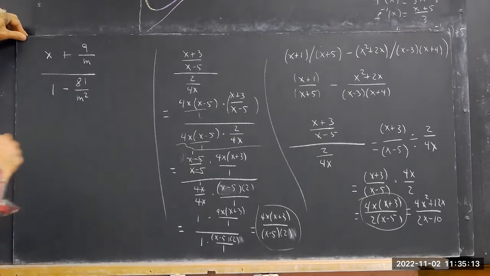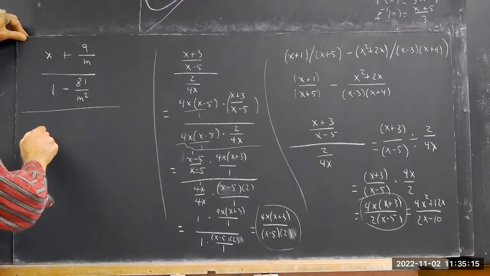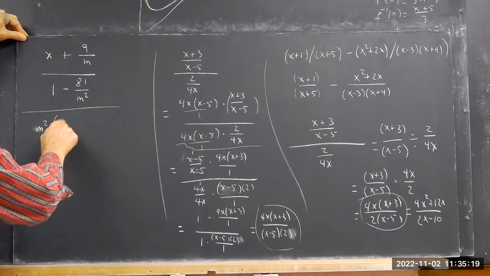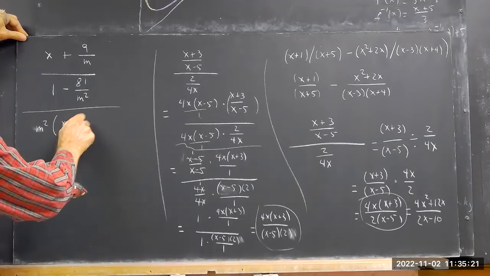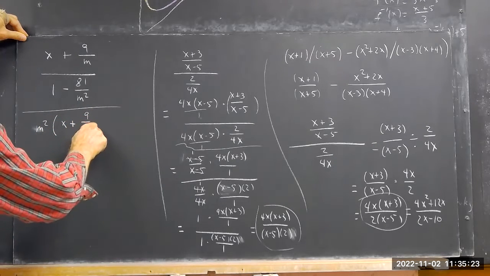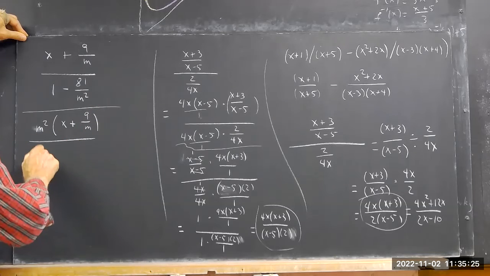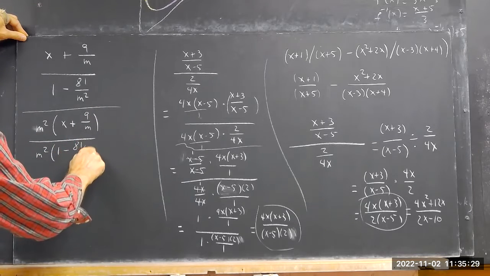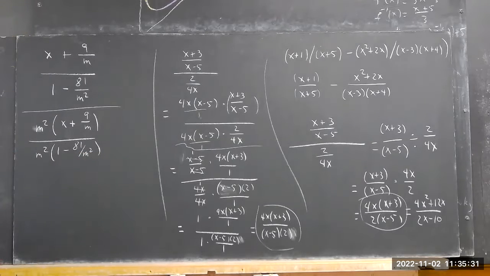So I'm claiming that it's M squared. Really, all we need to do is multiply M squared over M squared times the expression. Now, what's that going to give us?